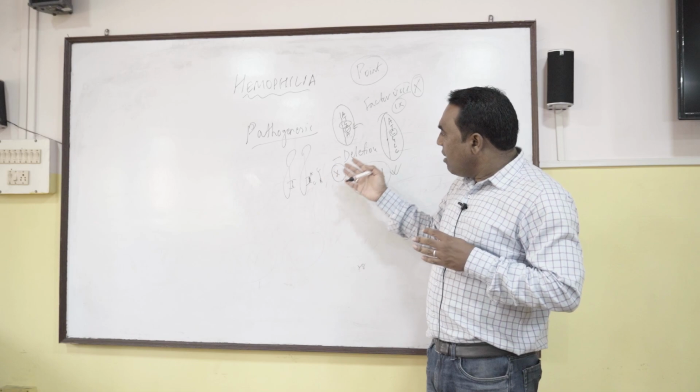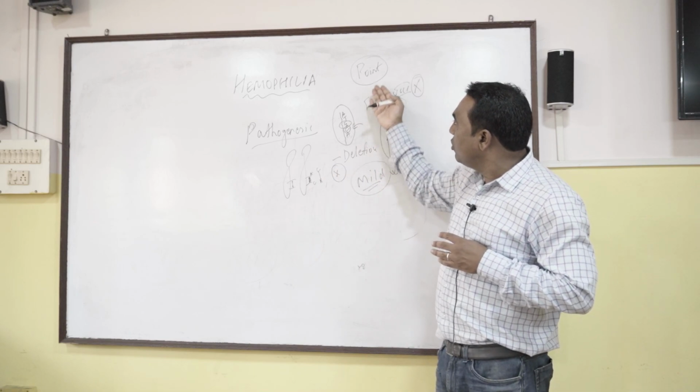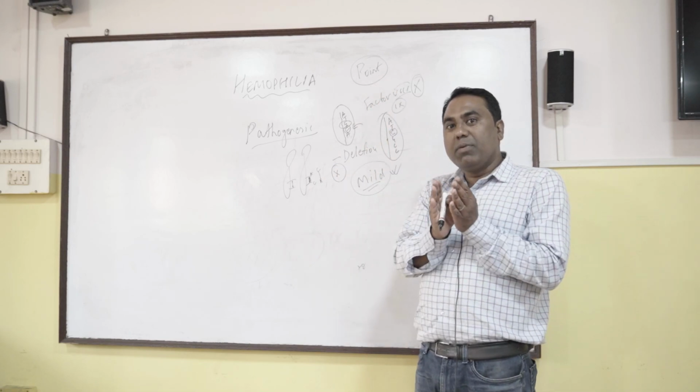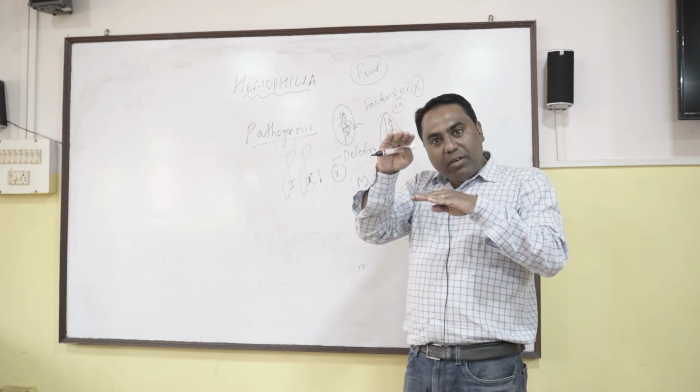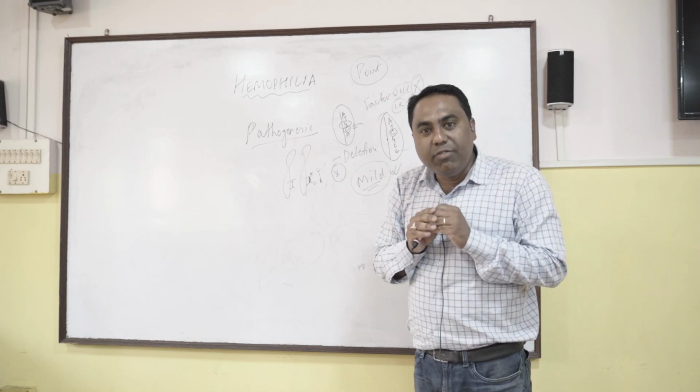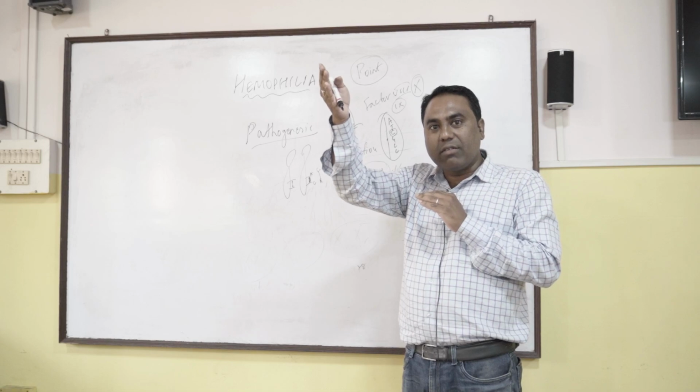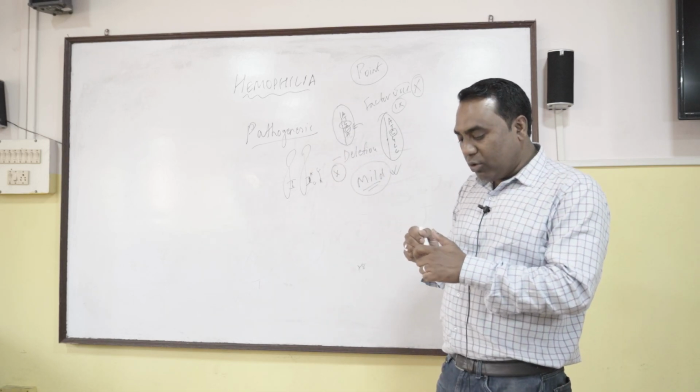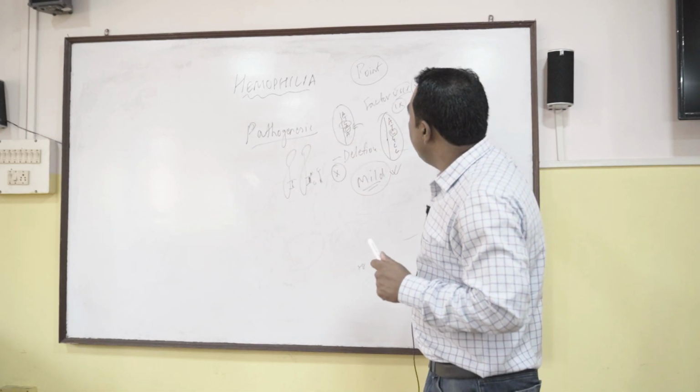And mild hemophilia could be due to the point mutation. I hope you people have understood: point mutation, deletion, and then reverse mutation. So this is about the pathogenesis of hemophilia.